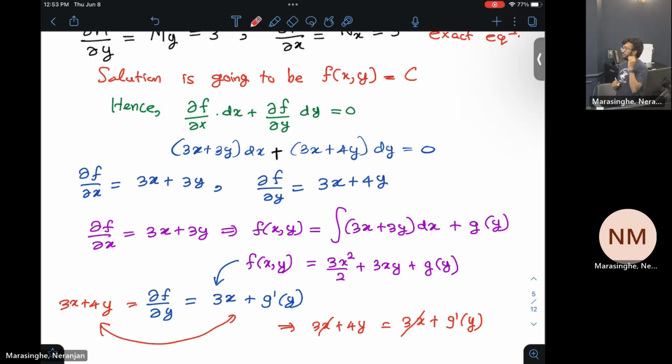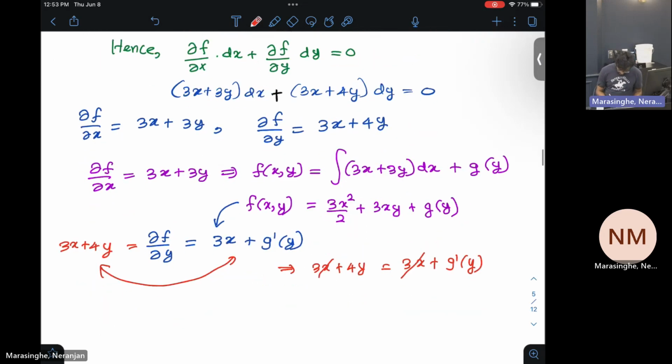So I have g'(y) is equal to 4y. Therefore, g(y) is equal to 4 times y square divided by 2.